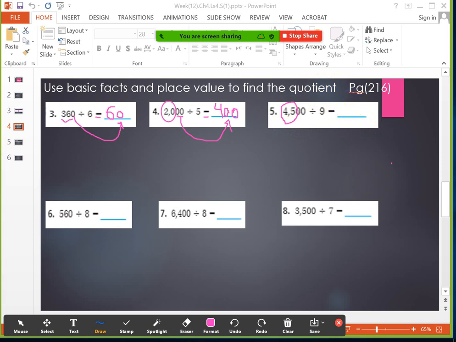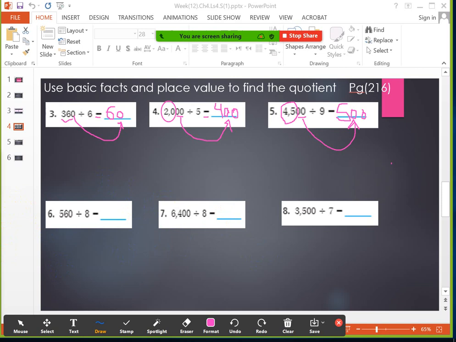Excellent. Thank you so much, Kinda. So 45 divided by 9, what's the number that I will multiply with 9? It will be 45. Of course, the number is 5. And I have to take those two zeros next to the 5. So it will be 500. Okay. What's your question, Lana? Write your question, please.